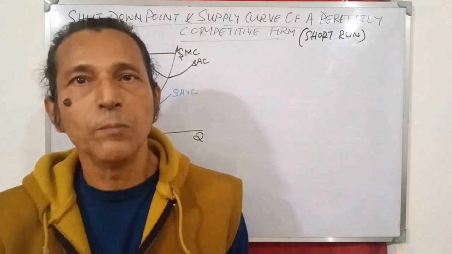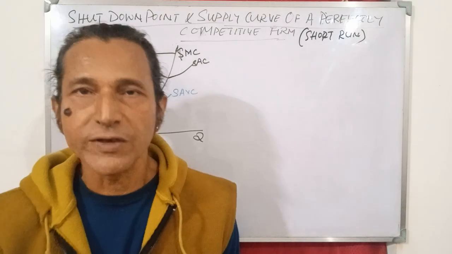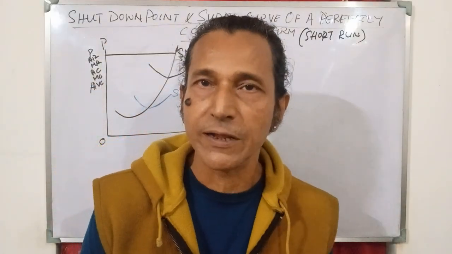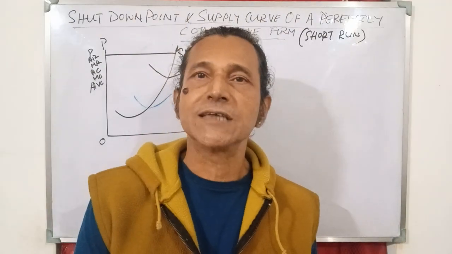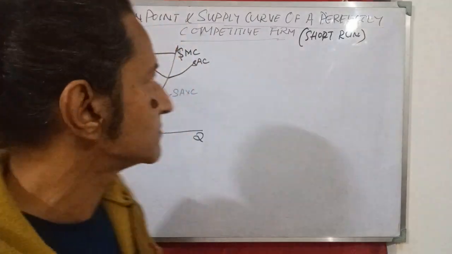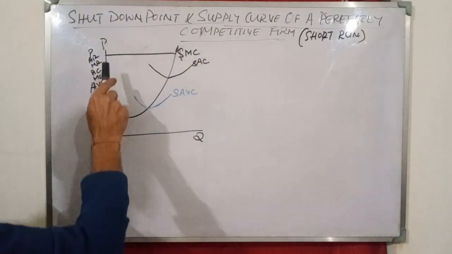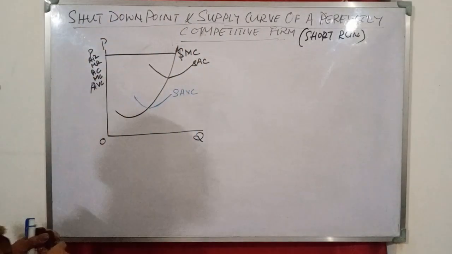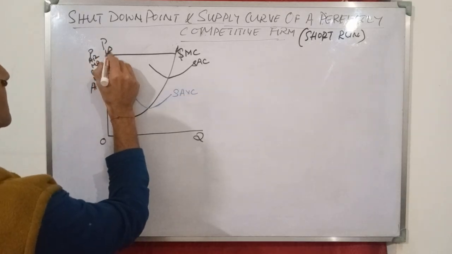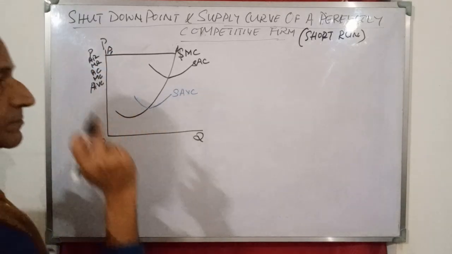They cannot make the price. The price is fixed in the industry by the interaction between the demand curve and supply curve, and that price is accepted by all the firms operating in the market. So this P sub 1 price is accepted by this firm.